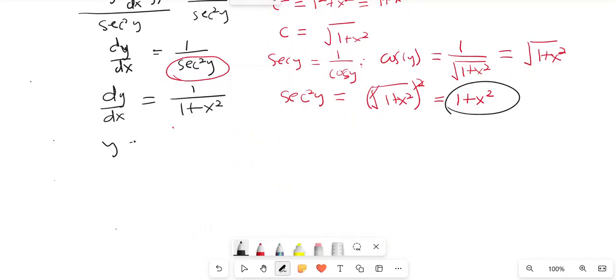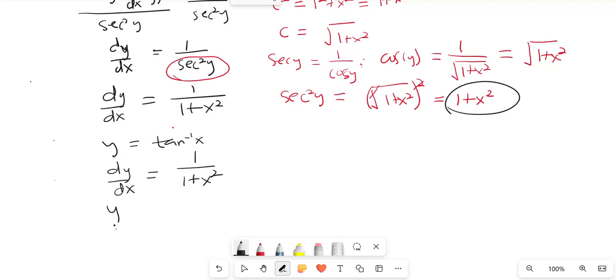So if we have y equal to the tangent inverse of x, then the derivative function with respect to x is 1 over 1 plus x squared. With this, we can also find the cotangent inverse.